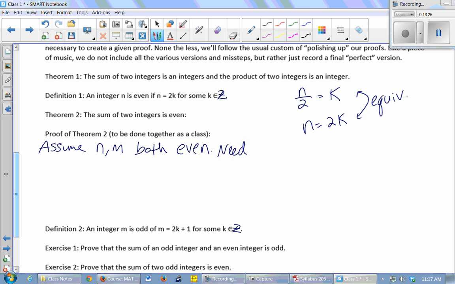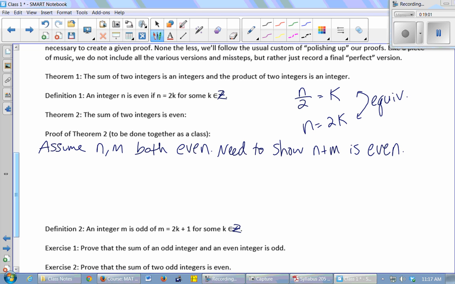We need to show n plus m is even, right? Yes, but that's not what we're proving right now. That's actually one of your exercises to do later. All right, so if n and m are both even, we need to show n plus m is even. So this is a good way to start the proof. What do I know? What am I trying to show? All right, so now that I have that written, because n and m are both even, I can use the definition of even.